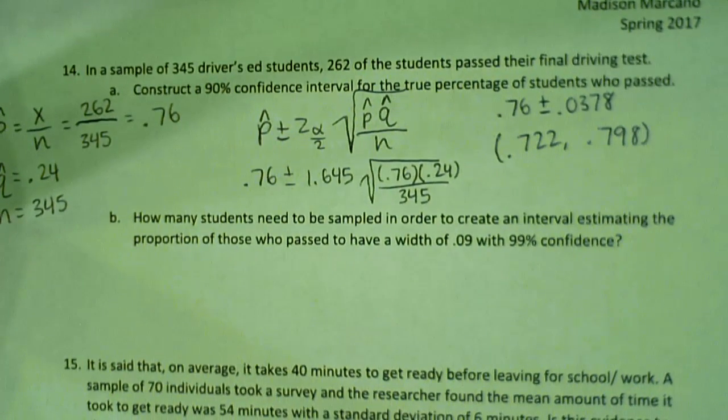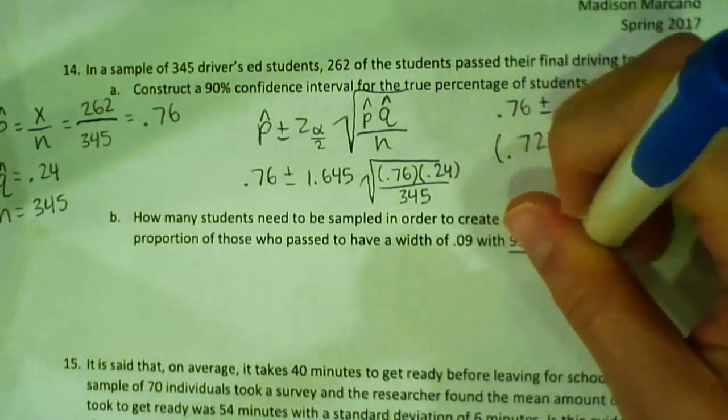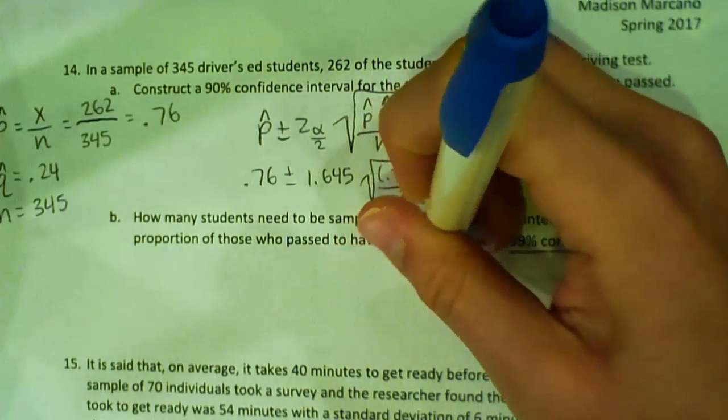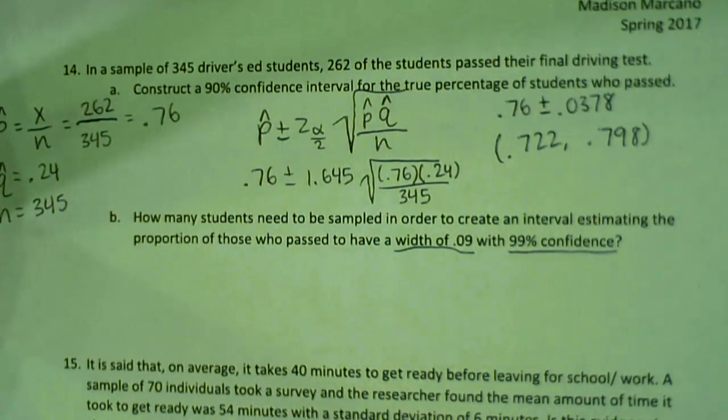All right, and then the second part: how many students need to be sampled in order to create an interval estimating the proportion of those who passed to have a width of 0.09 with 99% confidence. So that one's kind of wordy, so let's look at it in parts, right? This is really important.